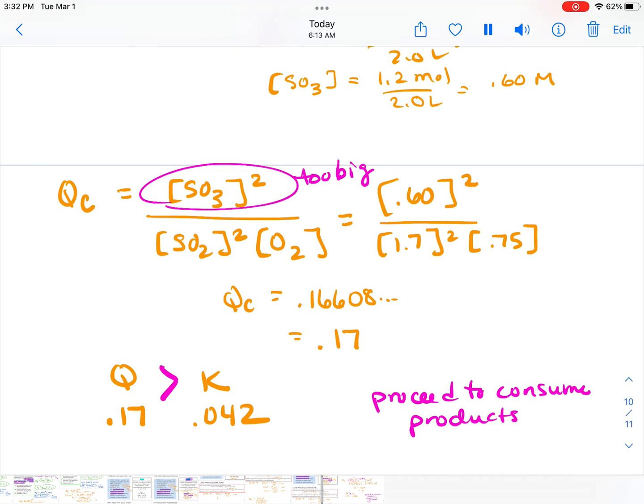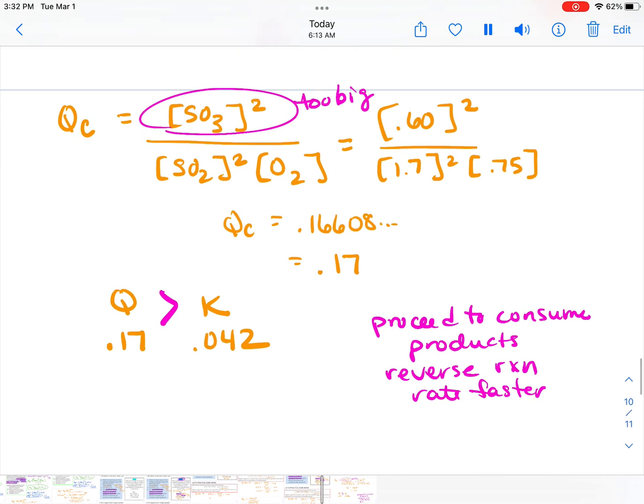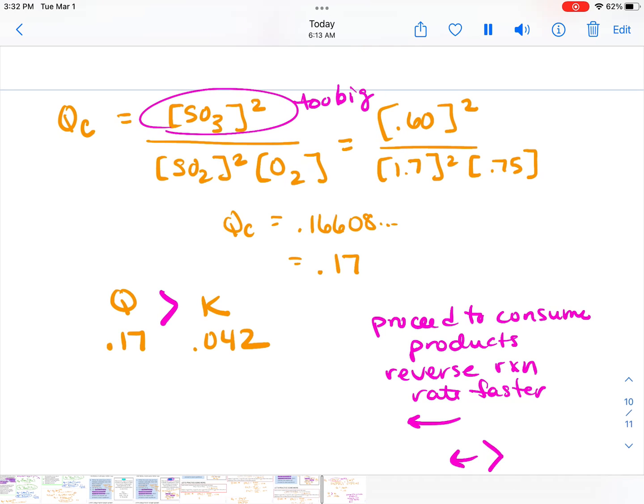This is how you would explain it in a free response question. The reverse reaction rate is faster at this point than the forward reaction rate, which means that the reaction is going to proceed to the left. And you can see that this is kind of a little trick: if you put Q first, and Q is greater than K, then finish your equilibrium arrow and that will tell you which direction it needs to go. You can't explain it that way.